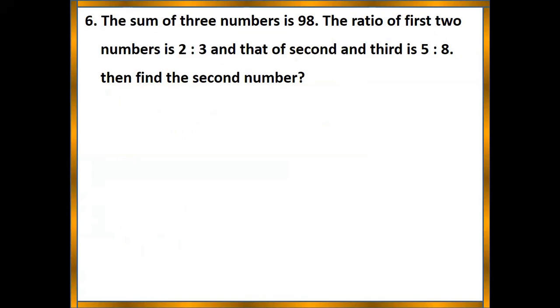The ratio of first two numbers is 2 is to 3, and that of second and third is 5:8, then find the second number. Am I clear, all of you?